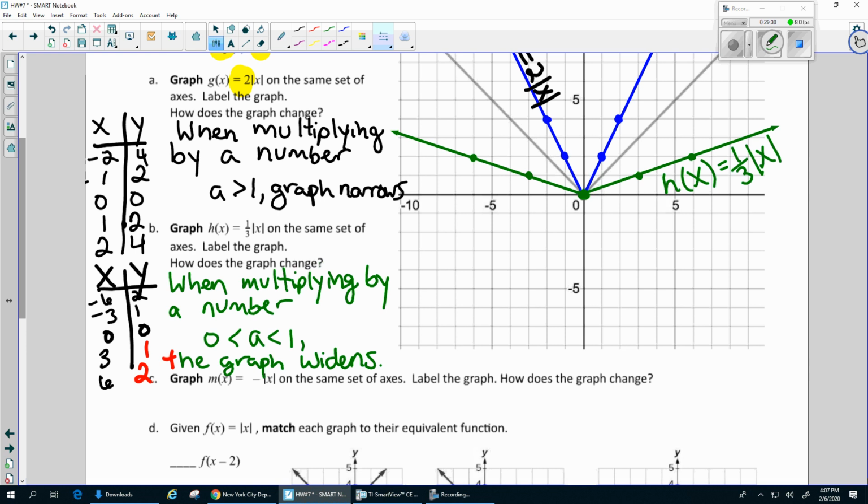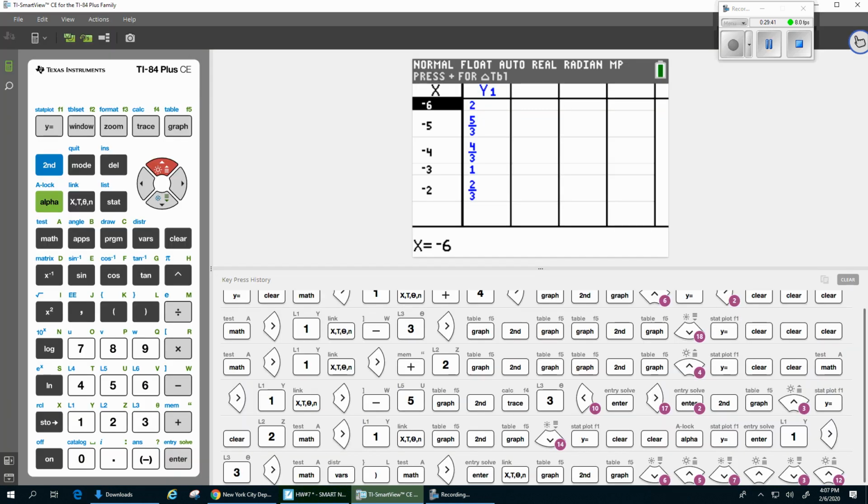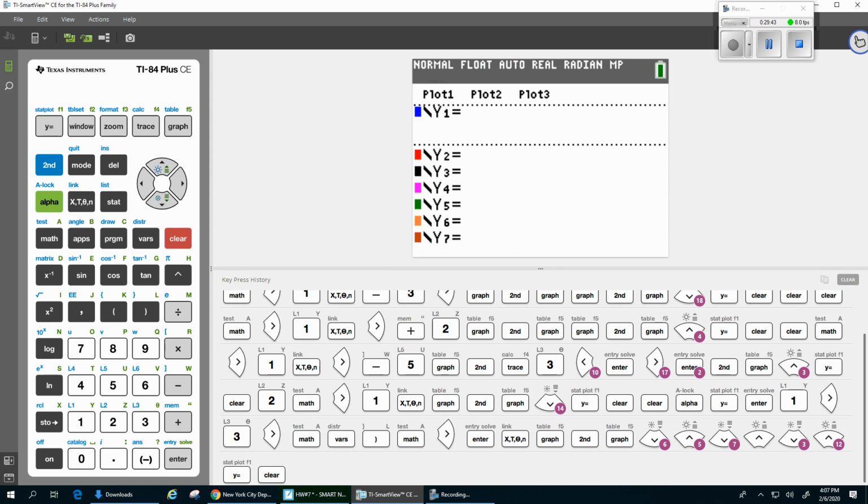Okay, finally, we need to graph m of x is equal to negative absolute value of x. Let's go to our calculator. Y equals, clear. And we're going to use the negative button at the bottom right corner next to the enter button.